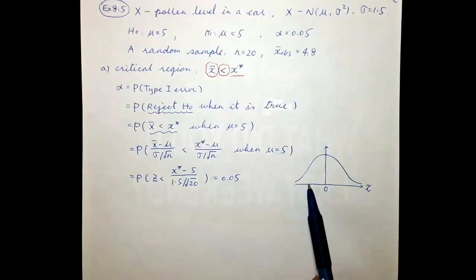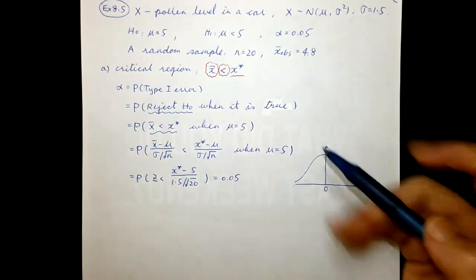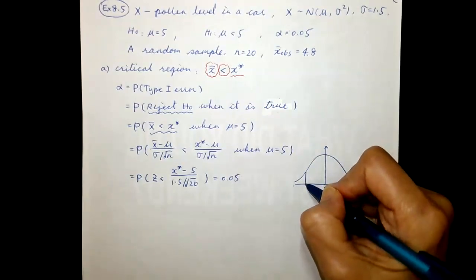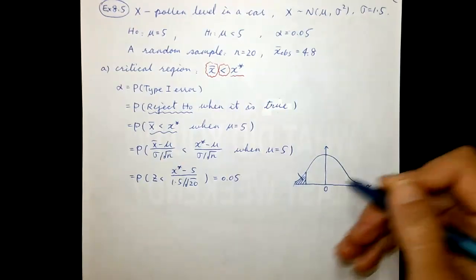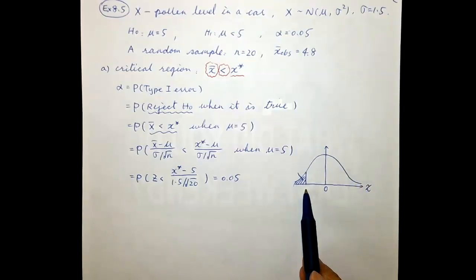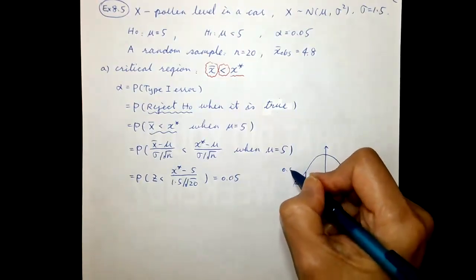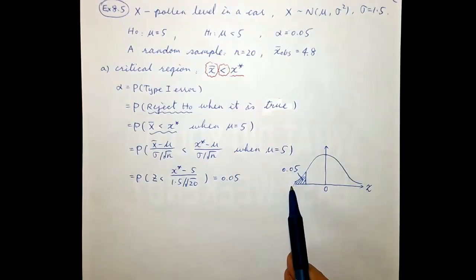So z values are all here, to the left of a certain z value to have an area of only 5%. To the left of something, I need a small area. This is the only option. So this unknown value has to be negative to give you a small probability to its left.